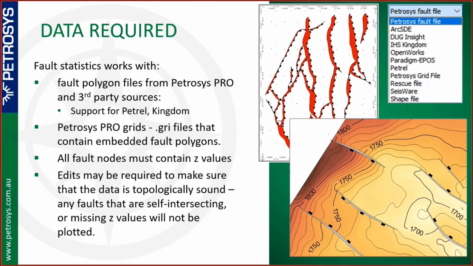Another instance where it's not going to plot that information is where you may have faults that are self-intersecting or faults that are missing apex values. So I'll demonstrate this in a second, and I'll show you how you can go about fixing this so you have a complete data set where all those faults are being plotted and thematically mapped.